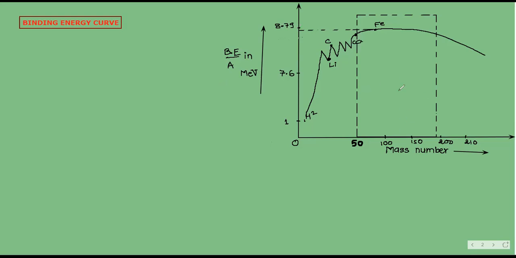And this one is there, no? This dotted one. This is the greater stability region. This region is the region of greater stability, we can say.